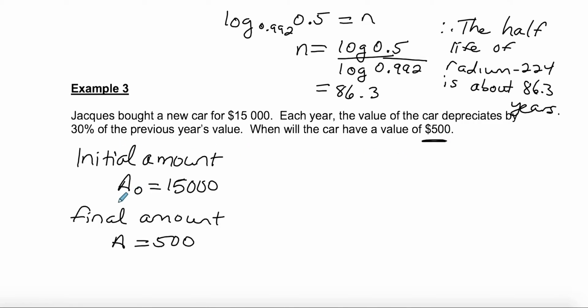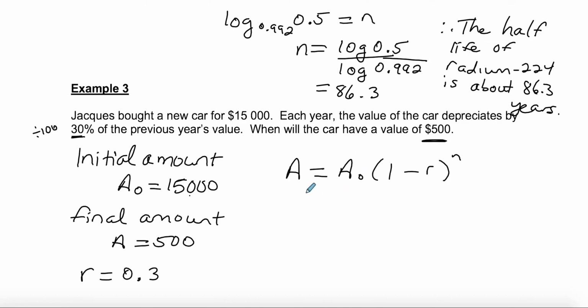The initial amount is our little subscript. The initial amount is $15,000. The final amount is $500. We also have a rate of 30%, so our R is going to equal 0.3 because we always want to use the decimal form and make sure we divide that by 100.